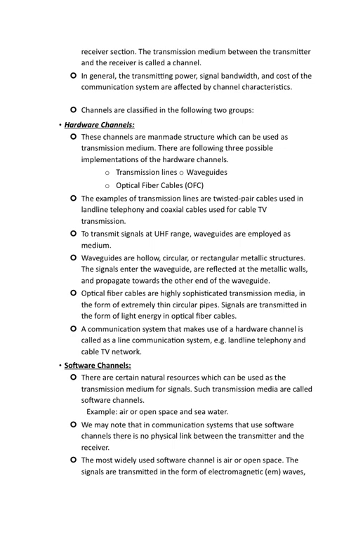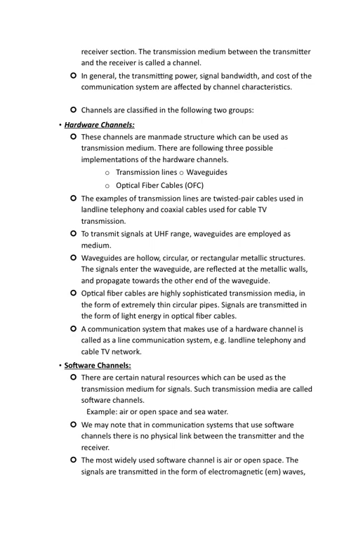What do you mean by hardware channel here? These channels are man-made structures which can be used as a transmission medium. There are three possible implementations of hardware channels: transmission line, waveguide, and optical fiber cable. Examples of transmission lines are twisted pair cable used in landline telephone and coaxial cable used for cable TV transmission.